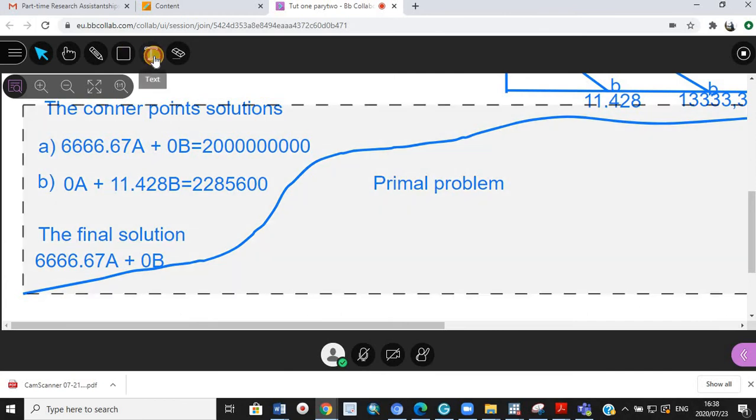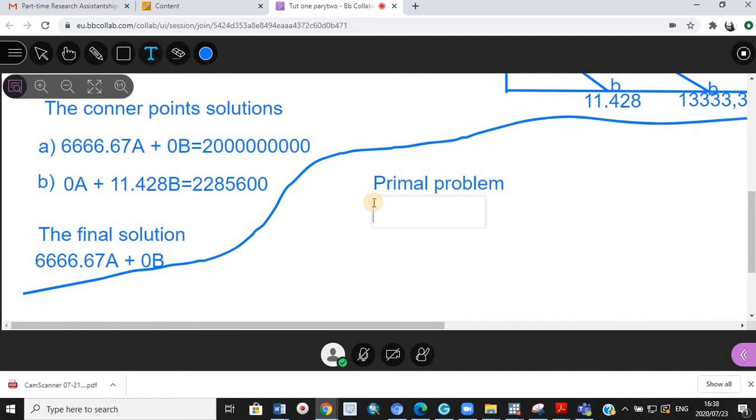This is the challenge of these minimum problems. We have milk plus cereal, where milk costs 0.10 and cereal costs 0.15 each.